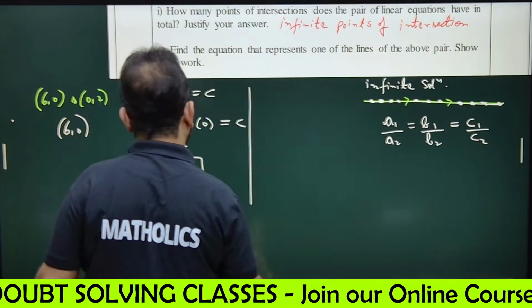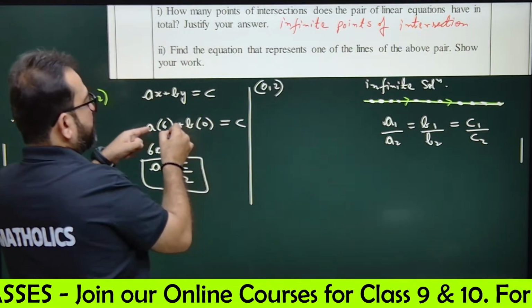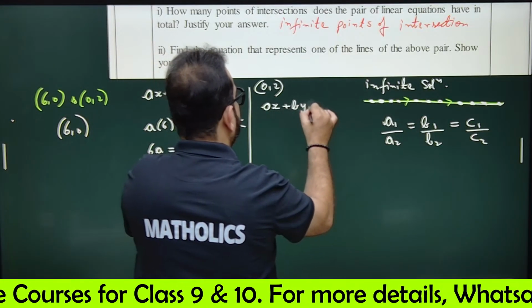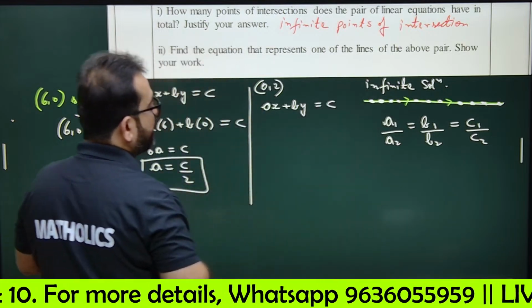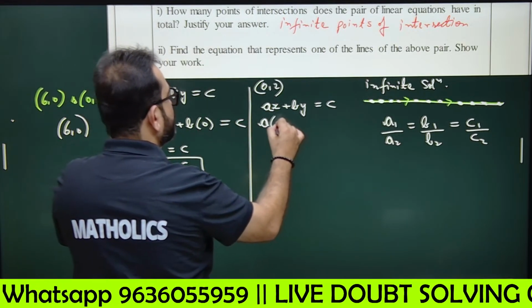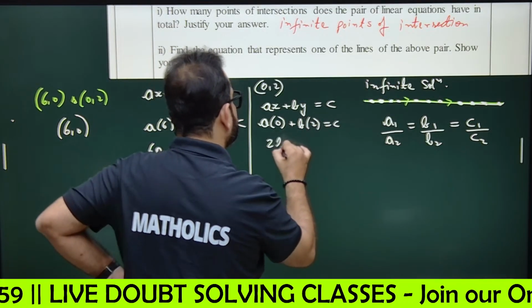Now if you put the second point, (0, 2), in this equation, ax + by = c, that means a into 0 plus b into 2 equals c. That means 2b equals c.